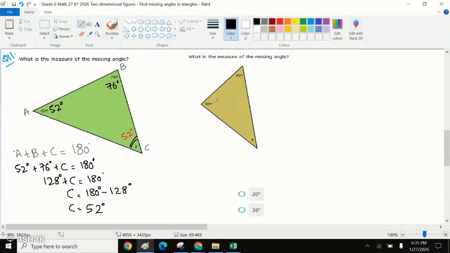This was 92, this was 50, and this was missing. The options are option A and option B. This is question number 1 from the test. So what is the answer for the missing angle?